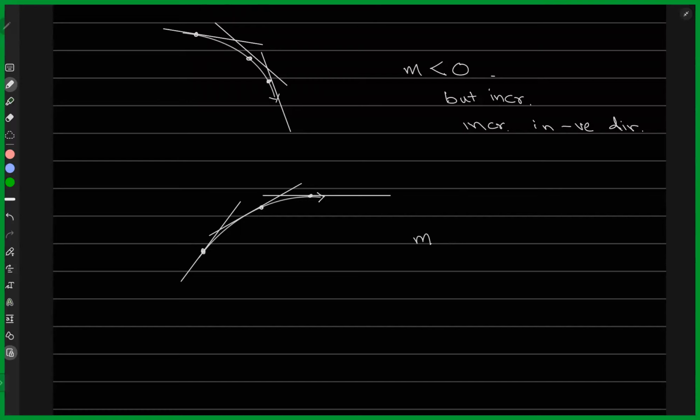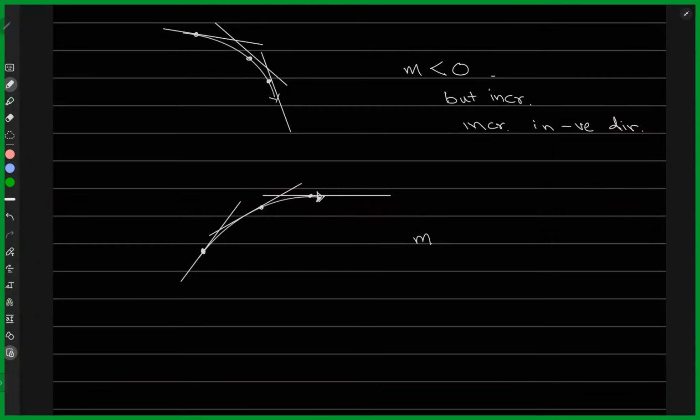The curve is going upwards in this direction, shown by this arrow. And you can see the tangents on this curve are becoming horizontal with time. Slowly they're becoming horizontal. And at this point, it's completely horizontal.